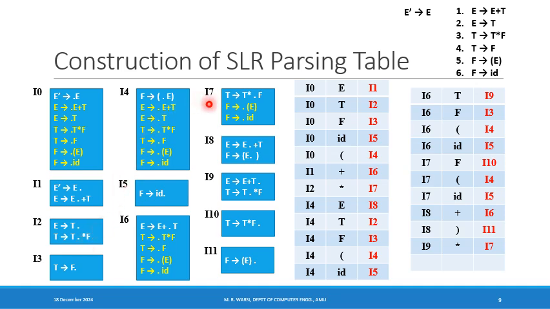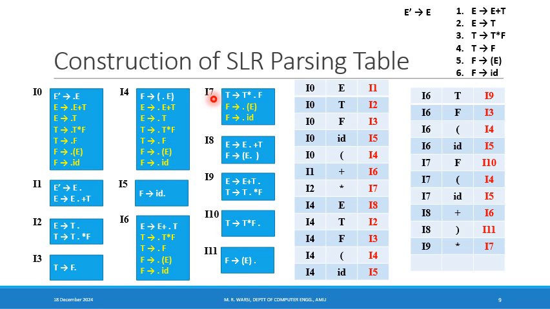And let us now add LR0 items to the I7 state. So first of all, I'll shift dot after star, and to the I7 state I add capital T derives T star dot F. This is the kernel LR0 item which has been added to the I7 state. I now take the closure of this.